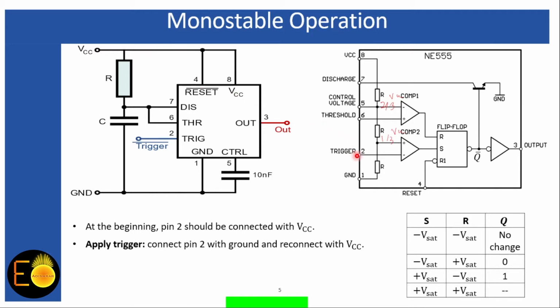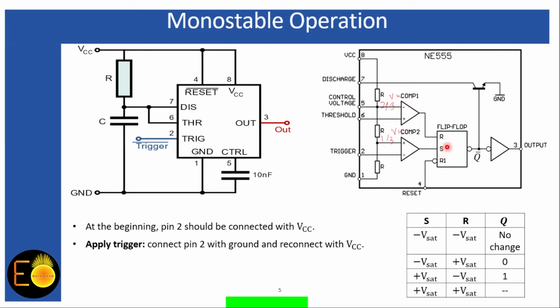So when I connect this trigger with the ground, at that moment the potential at the inverting terminal, which is getting 1/3 of the VCC, is higher than the potential at its non-inverting terminal. So the output of comparator 2 will switch to the plus VCC, and that will set the flip-flop, because the S is going to get the logic 1 input while the R is still having the logic 0 input.